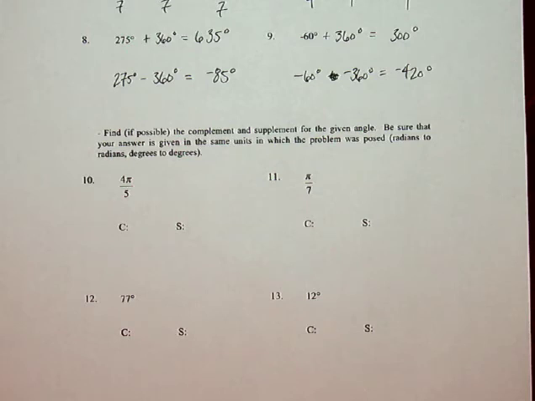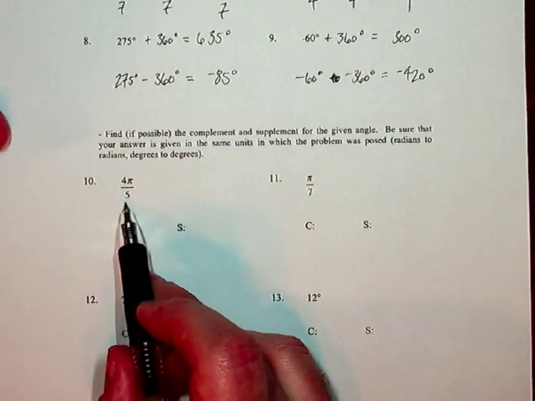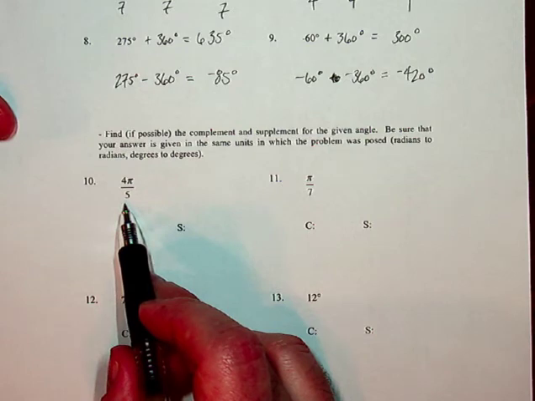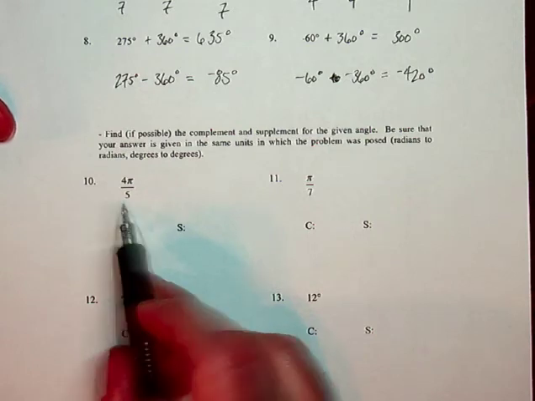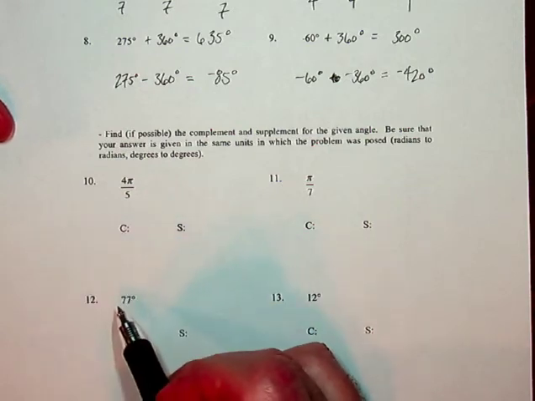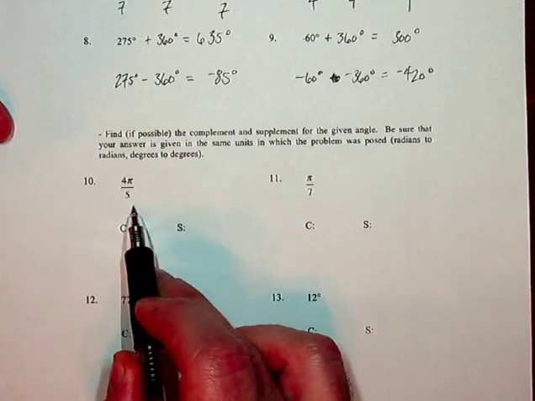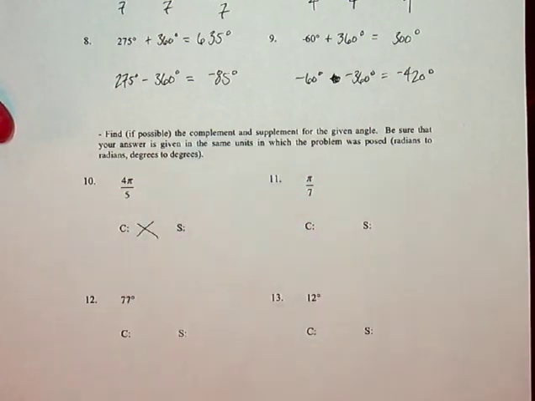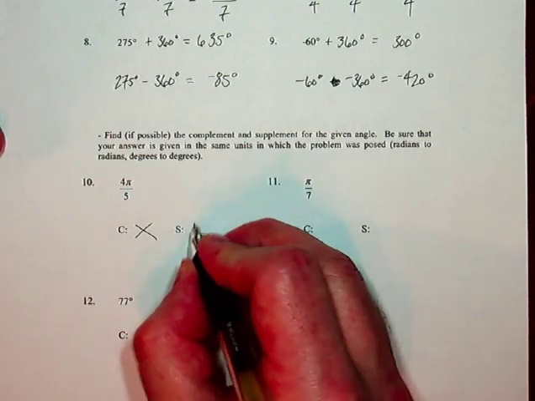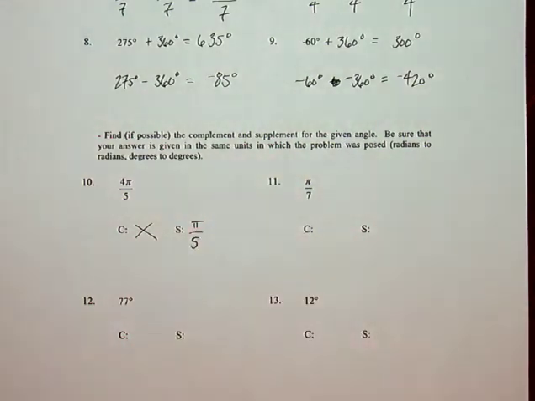If the angle is already larger than 90 degrees, it doesn't have a complement, okay? And so that winds up being the case here for 4 pi over 5. 4 pi over 5 is pi over 5 shy of pi radians, or 180 degrees. It's already in the second quadrant. And so in terms of our complement, we don't have one, but in terms of how much do I need to add to it in order to get to pi radians, a simple pi over 5 will do.